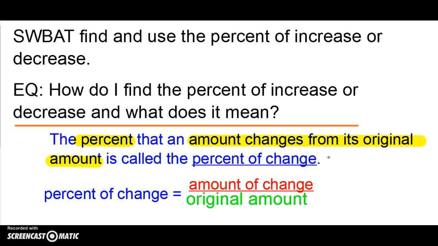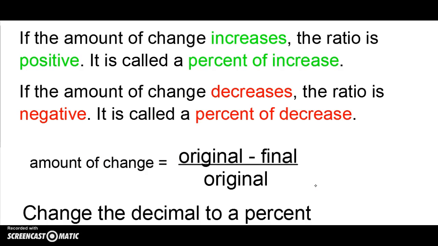All right, so to find that, you would take the amount that it changed divided by the original. You want to have all of this in your notes, and so go ahead and pause so that you can take good notes.